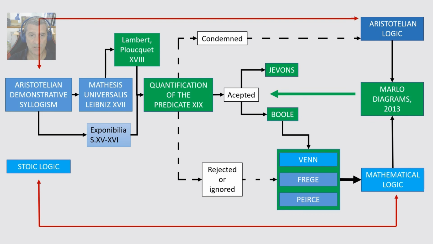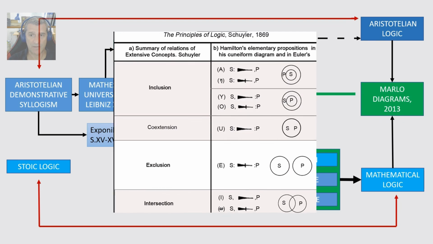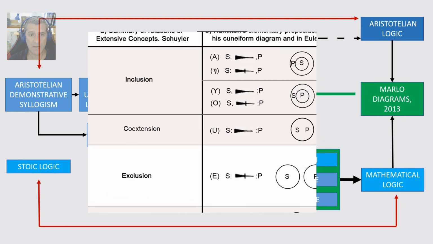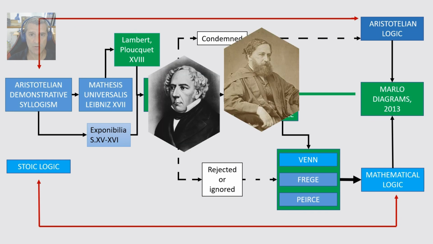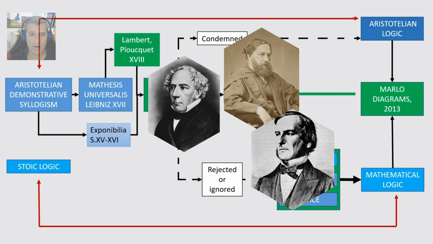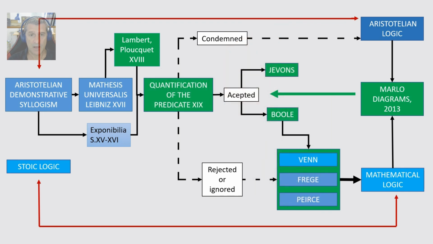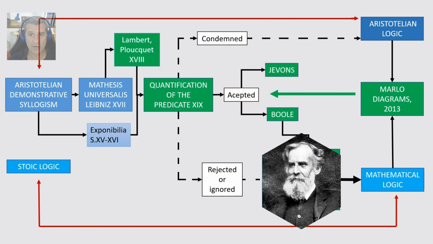But despite this condemnation, the doctrine became very popular in the 19th century, followed by authors such as William Hamilton, Stanhope, Jevons, or George Boole, the father of mathematical logic. However, Venn criticized this doctrine in symbolic logic, denying that Boole had been influenced by it in any way.